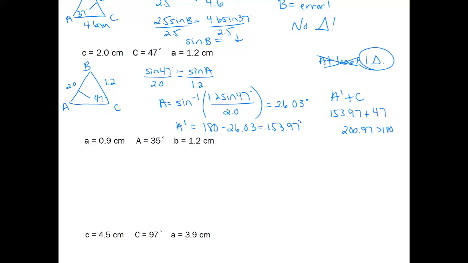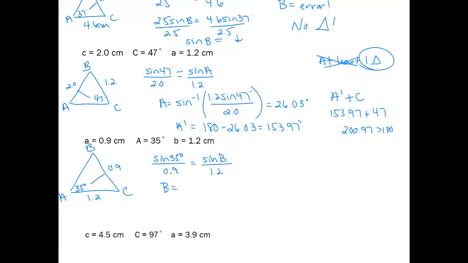So again, we'll start by drawing just a random triangle, because again, we don't even know if this is going to work out. 35 is angle A, across from it is 0.9, and then across from angle B is 1.2. So start by setting up your law of sines. Sine of 35 over 0.9, and then sine of B this time over 1.2.